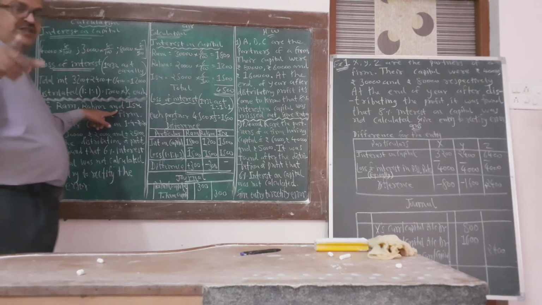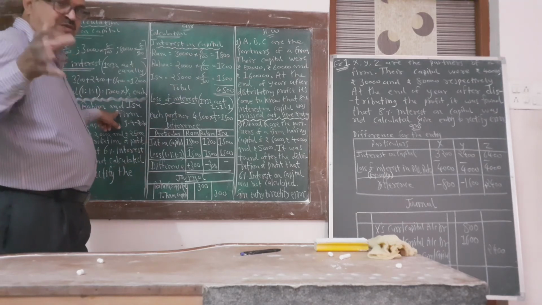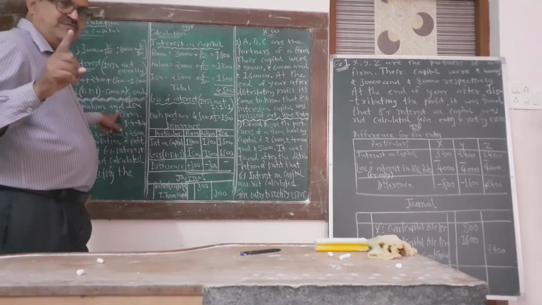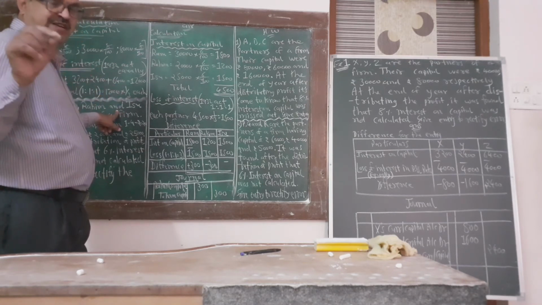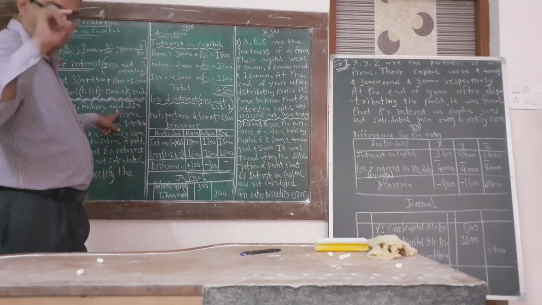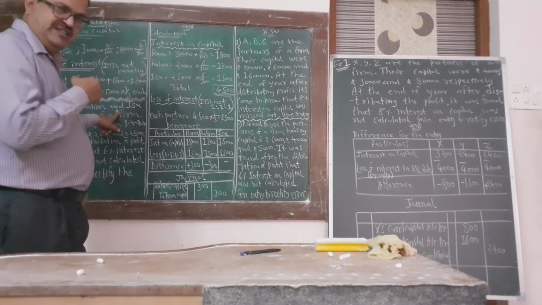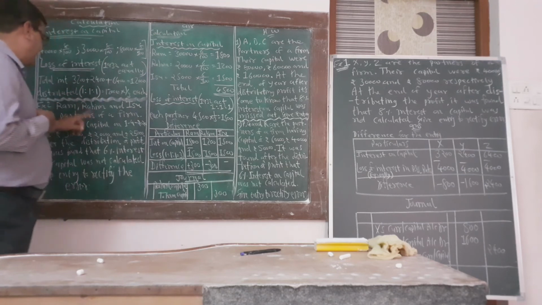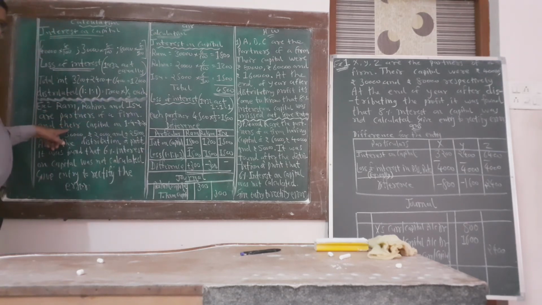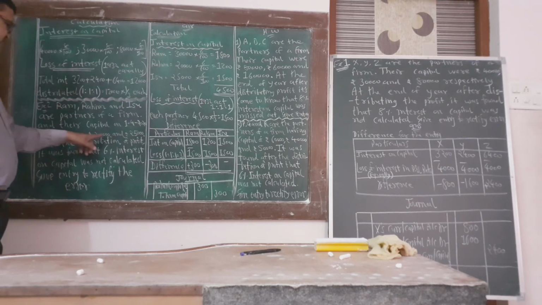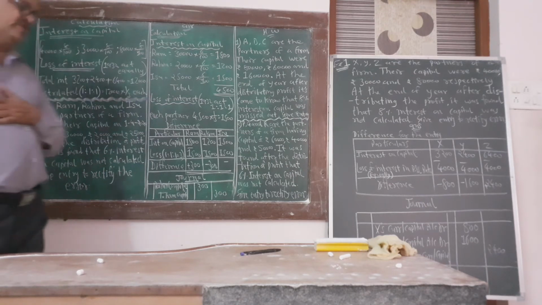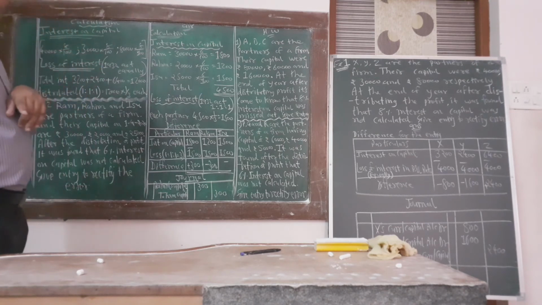This example is also given in your notebook, but the amount is changed. So at home, try to solve this example, Ram, Rahim and Isu. See your textbook; in this textbook this example is given. Ram, Rahim and Isu are partners of a firm, and their capitals on 1st April 2020 are 30,000, 20,000 and 25,000. After the distribution of profit, it was found that 6% interest on capital was not calculated.